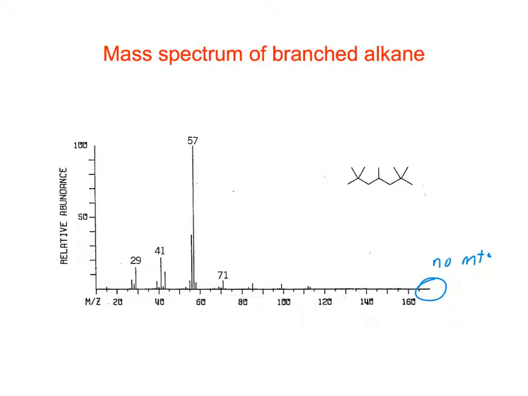And because the ion abundance is related to the ion stability, if we can generate a tertiary carbocation, that's going to be more stable than a primary carbocation, right? So 57, the base peak, can get formed by cleaving this bond, and we get this tertiary carbocation, which is the most stable one.